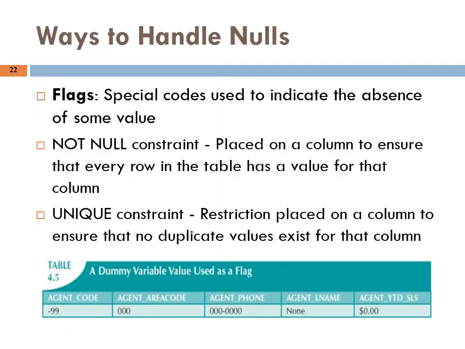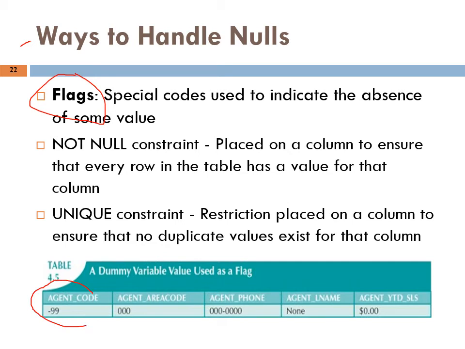Okay, ways to handle null values. Basically, to avoid nulls, some designers use special codes known as flags. A flag is a special code used to indicate the absence of some value. If you refer to figure 3.4 in the previous slide, it is an example.